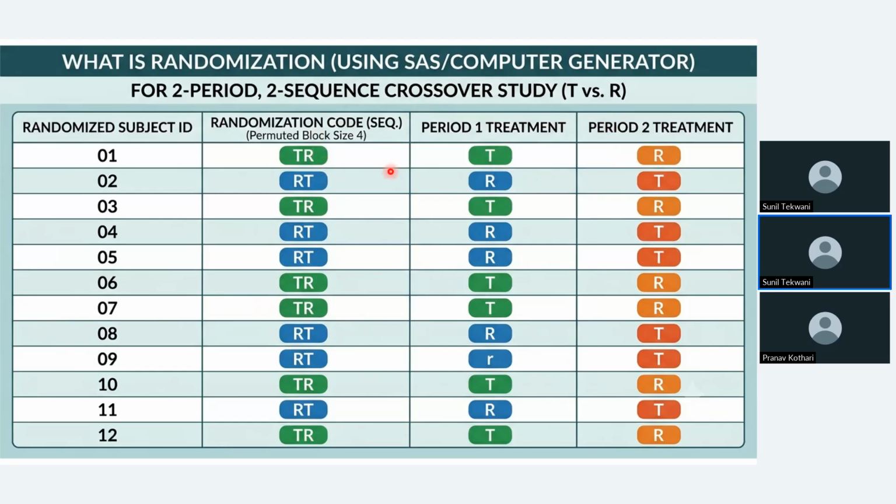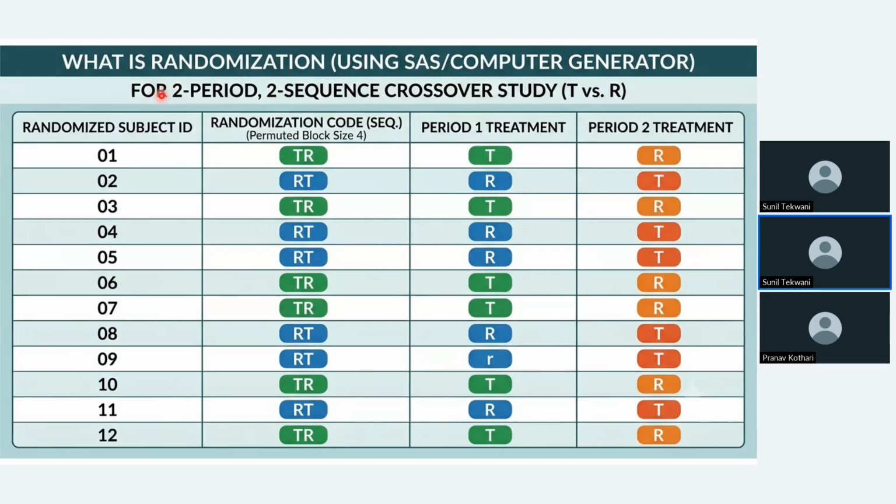Okay, two treatment can be three sequence also. As I said, TR, RT, RR, TT, four sequences. But guidance says that if you are using two treatments, there should be only two sequences, TR and RT. No subject should be repeated the treatment. That means in period 1, if they are receiving test, again, test product is not allowed. So TR and RT, these are the two sequences. So this gives us the definition of two sequence, two period, two treatment, crossover study.